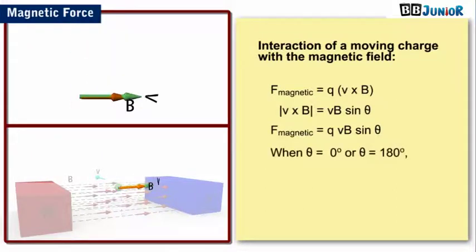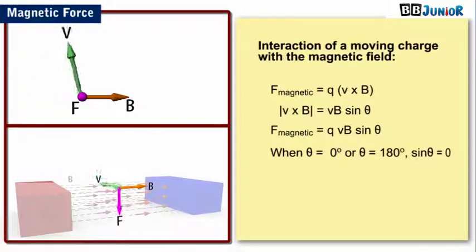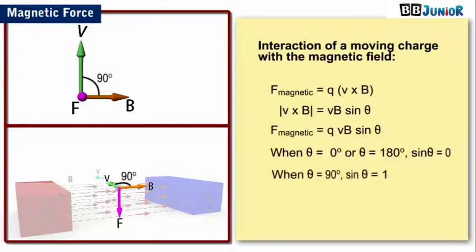When theta is 0 degrees or 180 degrees, that is, when charge Q moves parallel or antiparallel, respectively, to the magnetic field, we have sine theta equal to 0. If the charge is moving perpendicular to the direction of magnetic field, theta is equal to 90 degrees.